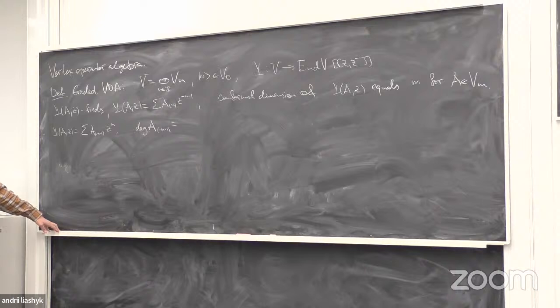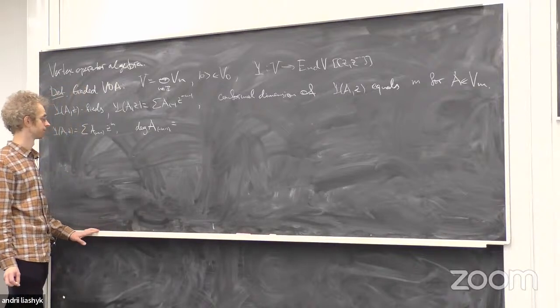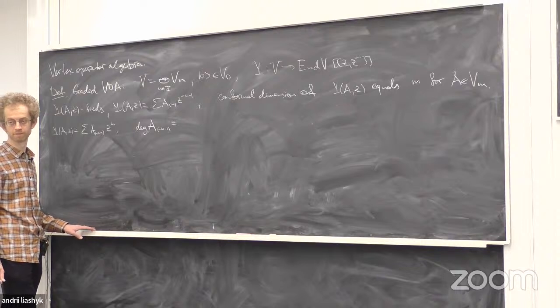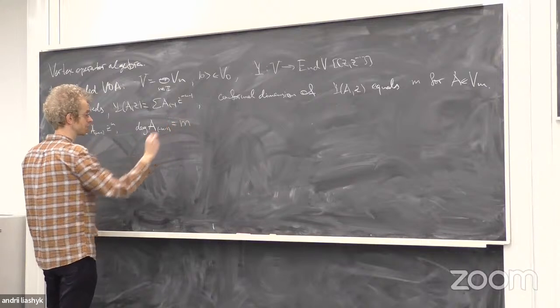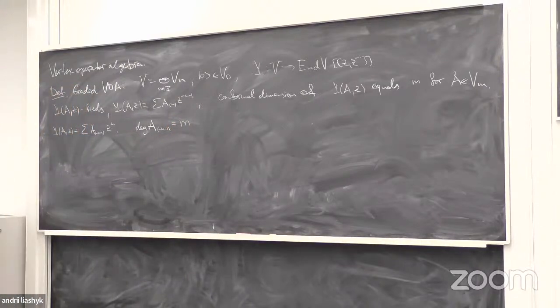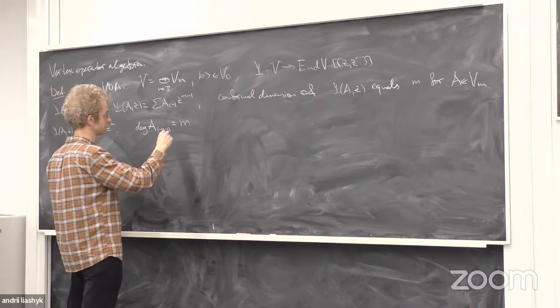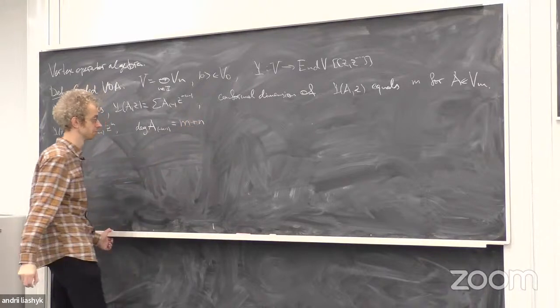Do you remember the definition of the conformal dimension? We have this conformal dimension m, and then we also need to add this number. So it's m plus n.